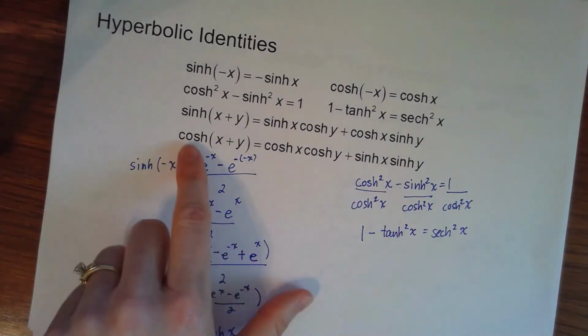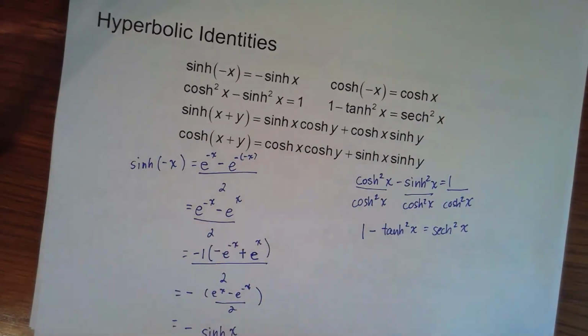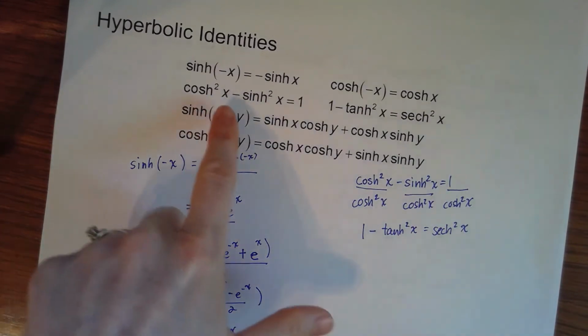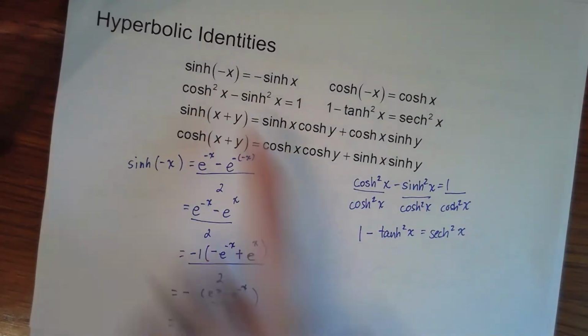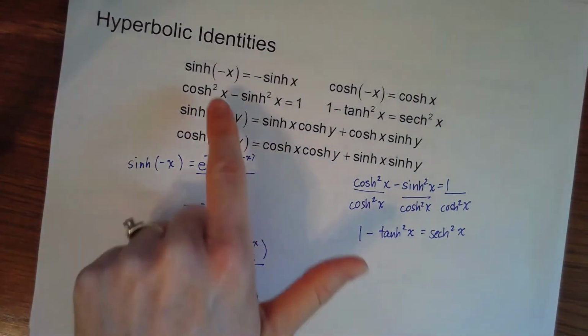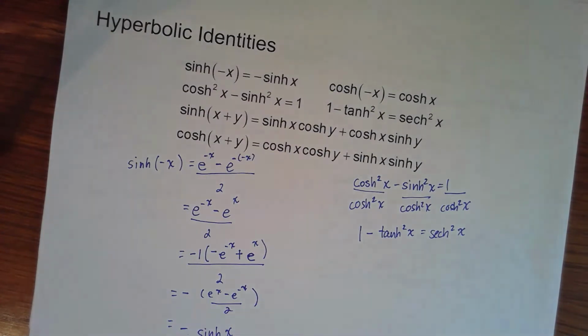And for the cosine, we see cosine, cosine, sine, sine. So it's the same kind of thing that we saw before. They're very similar, but there are just ever so slight differences. So just be careful. The signs are going to be a little bit different in these Pythagorean ones because of this minus in the middle instead of the plus. So those are the ones you have to be careful for.